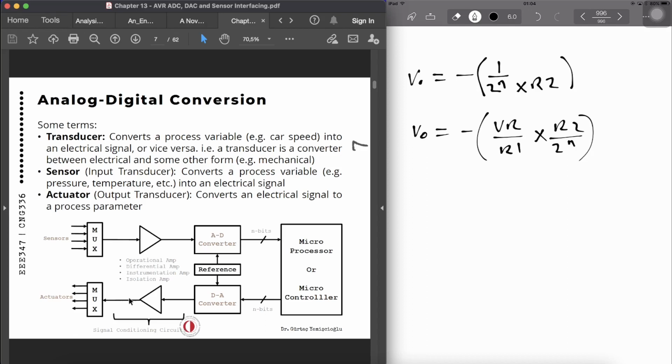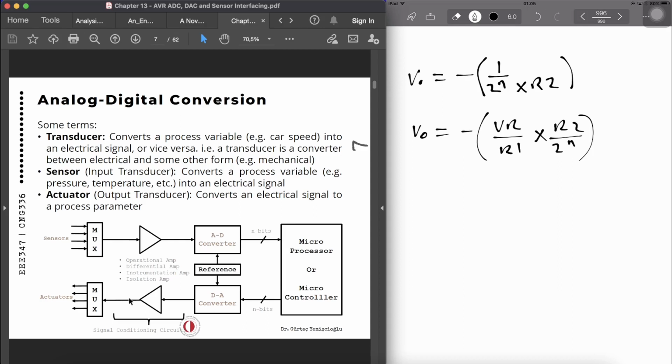If this motor requires a particular amount of current, then you need a higher current, and there may be a current amplification going on as part of the conditioning. So you can think of this as a driver that manipulates the output of the digital to analog converter to the requirements of the application on the actuator side.